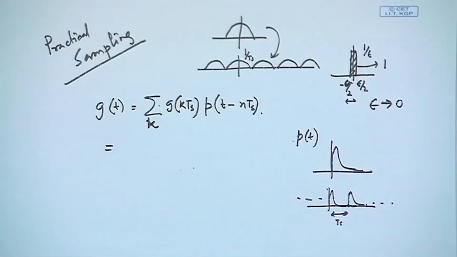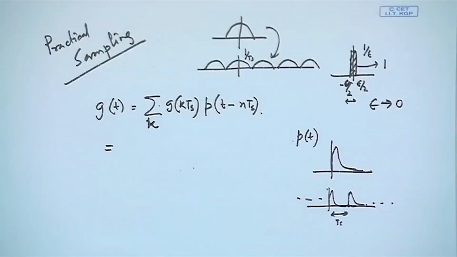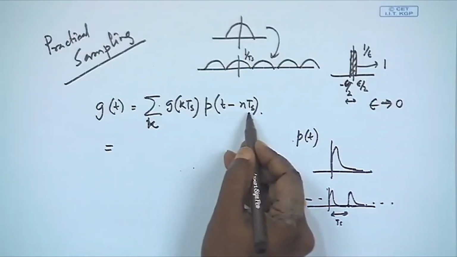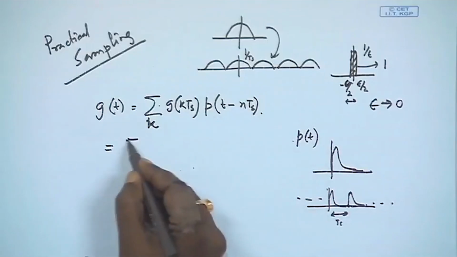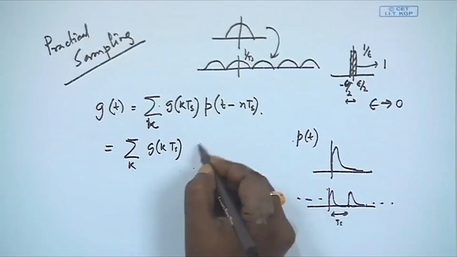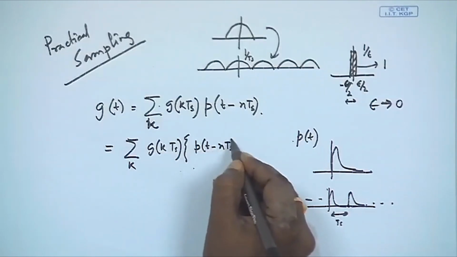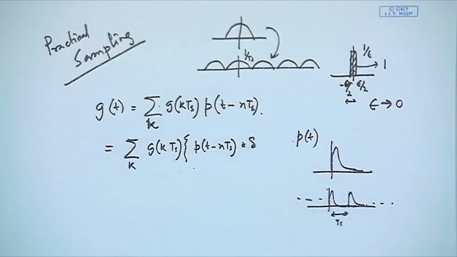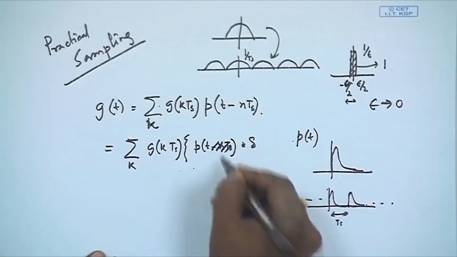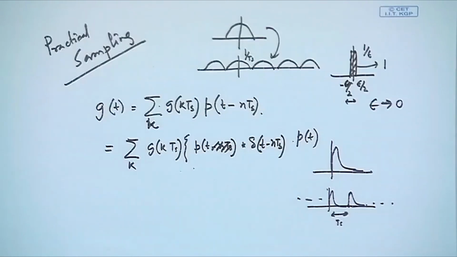But what we can say is that any pulse is nothing but the convolution of that pulse with a delta. So, p(t minus kTs) I can always write mathematically as p(t) convolved with delta(t minus kTs), right.